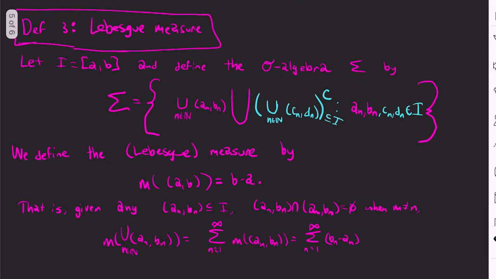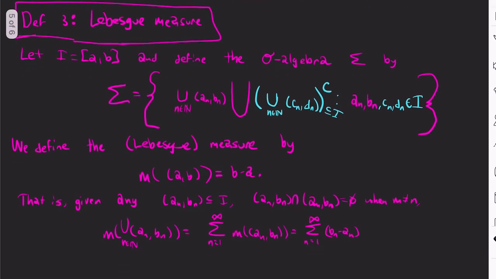So now on to my last definition before our lemma, and that is Lebesgue measure. Recall a few videos ago we talked about measures. Here is our measure space. Our point set is I, and we need to define a sigma algebra. I'm going to define it below. It's a countable union of open intervals. So you give me a sequence of open intervals, and I union them together.